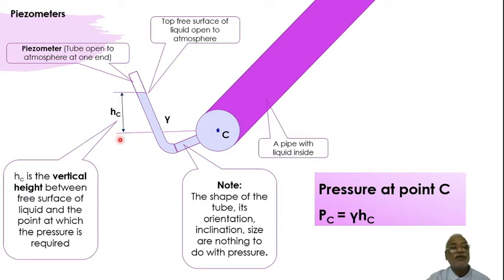Once you know HC, once you know the gamma of the liquid, then PC, the pressure at C, is equal to gamma into HC. Of course, this is gauge pressure, right? So this tube is now known as a piezometer, a tube open to atmosphere at one end, and this is the free surface.